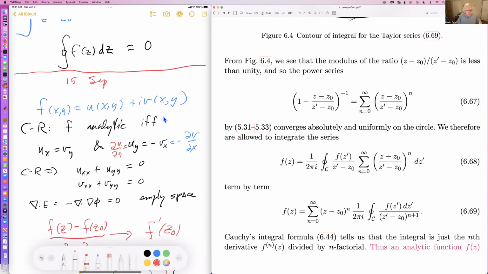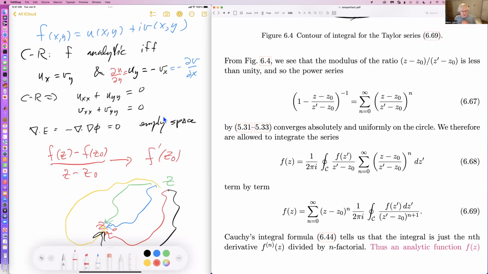These Cauchy-Riemann conditions have an immediate consequence, namely that the real part of an analytic function is harmonic, and the imaginary part is also harmonic. And harmonic means that the second x derivative plus the second y derivative vanishes.